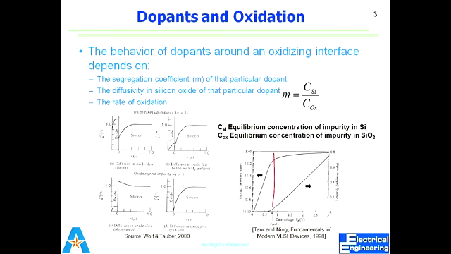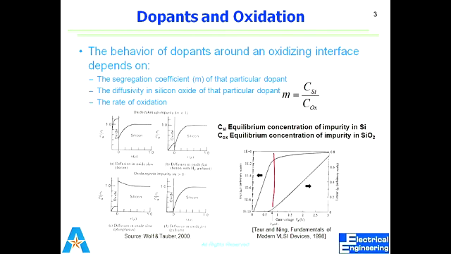Okay, so I was giving you an example that if m is equal to 1, in that case I am saying that there is no difference, the segregation coefficient is equal to 1, meaning the same amount of impurity concentration is accommodated in silicon as in silicon dioxide.